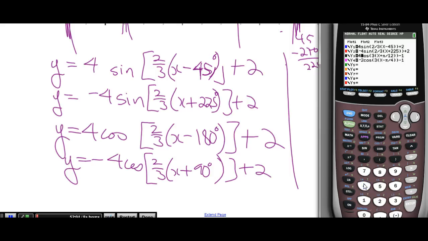4 cos 2/3 minus 180, plus 2. And -4 cos 2/3 plus 90, plus 2.